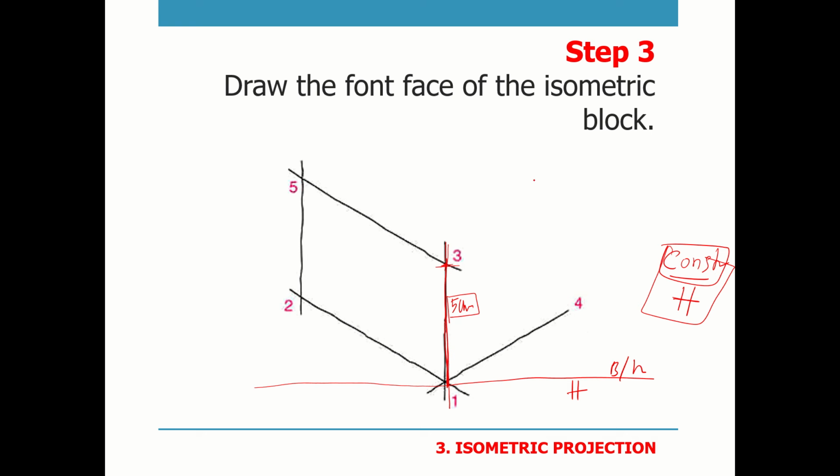Normally, as you must have seen, the construction lines will extend beyond the object line. So if I have to complete this, we'll just darken this part, and all other construction lines will be there as they are.